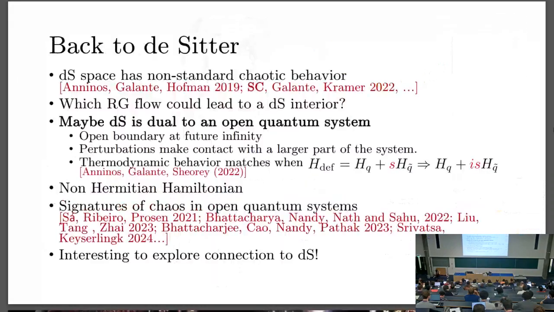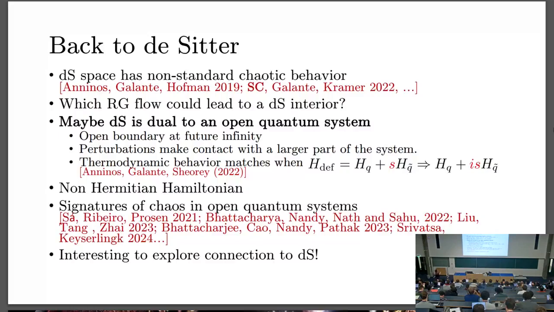But I want to look back to de Sitter, because I told you that this was all related to de Sitter, and so far I've been studying flows, the dual of interpolating geometries between two AdS spacetimes. But we saw various non-standard chaotic behaviors in these flows, and we know that de Sitter space has non-standard chaotic behaviors. So we would like to understand which type of RG flow could lead to a de Sitter interior.